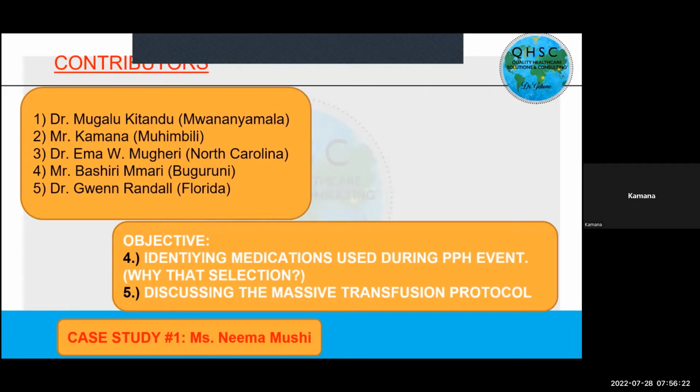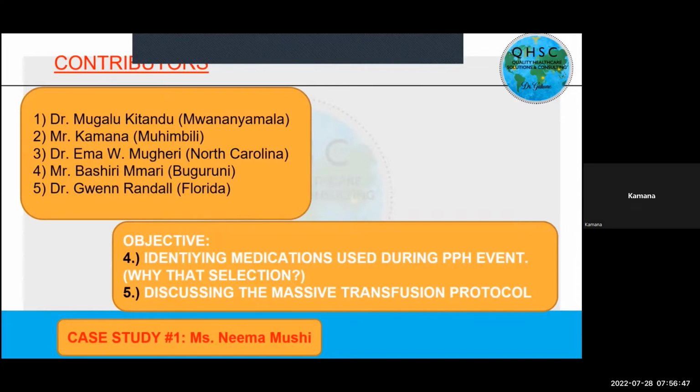Yeah, here at Muhimbili, it's not quite different from Mwananyamala. We always use oxytocin for the active management of third stage of labor, or if the cause of PPH is uterine atony, we usually use oxytocin and misoprostol also.